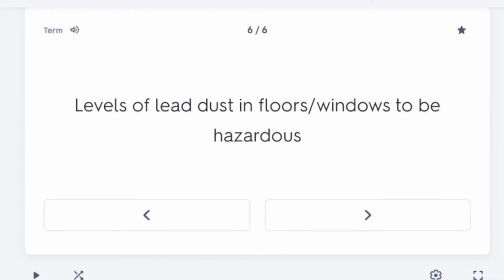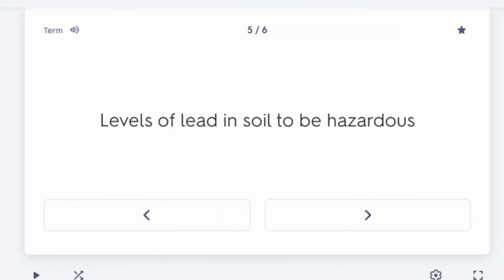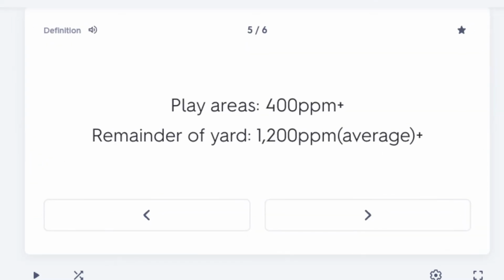Now, I want to go back very quickly and go back through some of these items we just talked about. Levels of lead dust in floors, windows to be hazardous. Don't forget 40 micrograms for floors and carpets, 250 for window sills. Level of lead in soil to be hazardous, 400 in play areas.